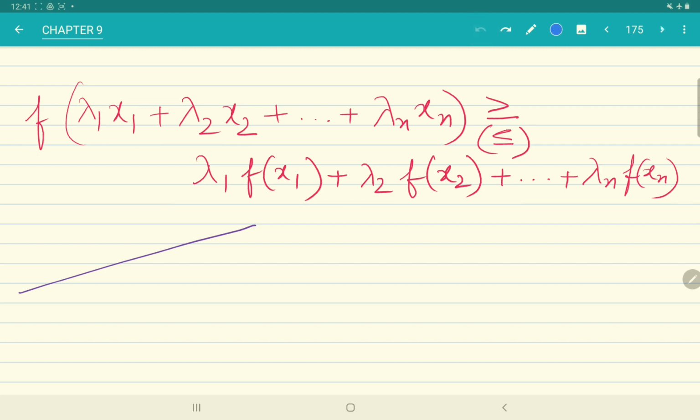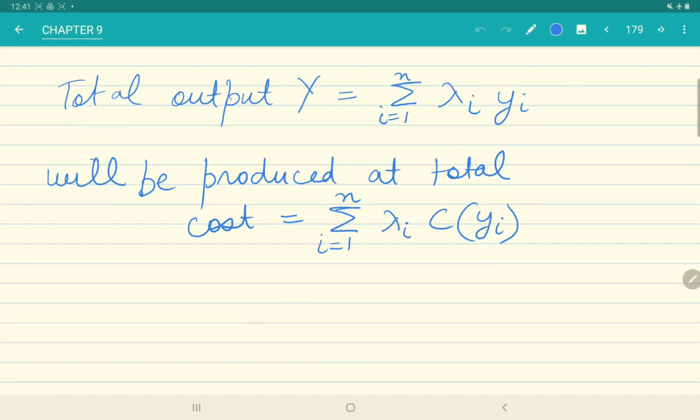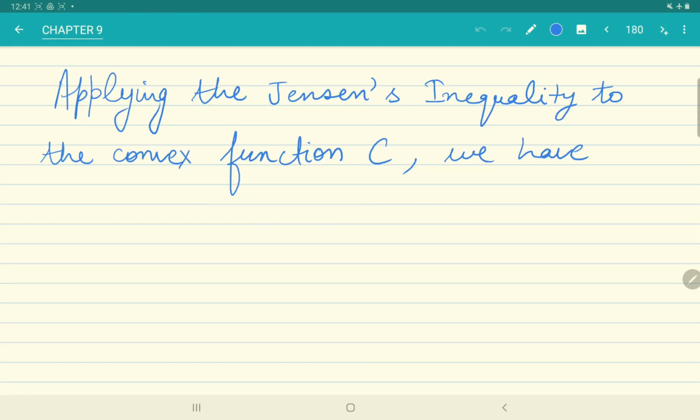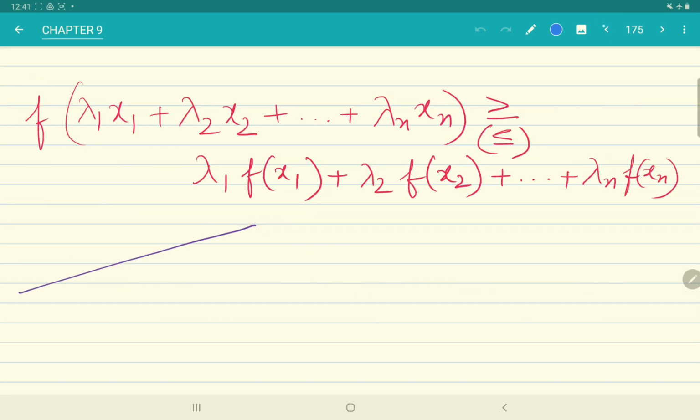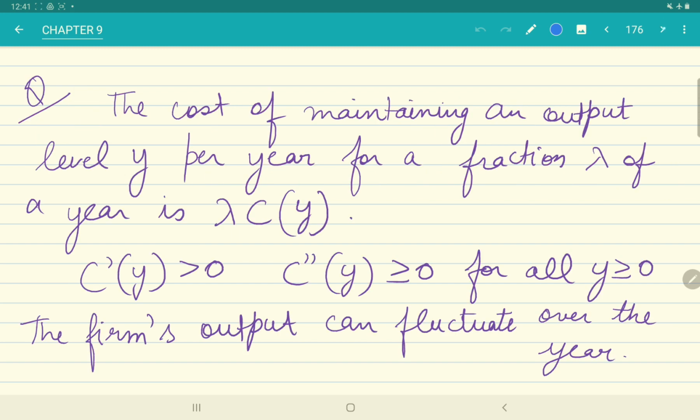So that means I have lambda 1 f of x1 plus lambda 2 f of x2 till lambda n f of xn. So that means I can just write now in this case summation lambda i c of yi, i varying from 1 till n, this is greater than equal to f of lambda 1 x1 plus lambda 2 x2 dot dot dot plus lambda n xn.